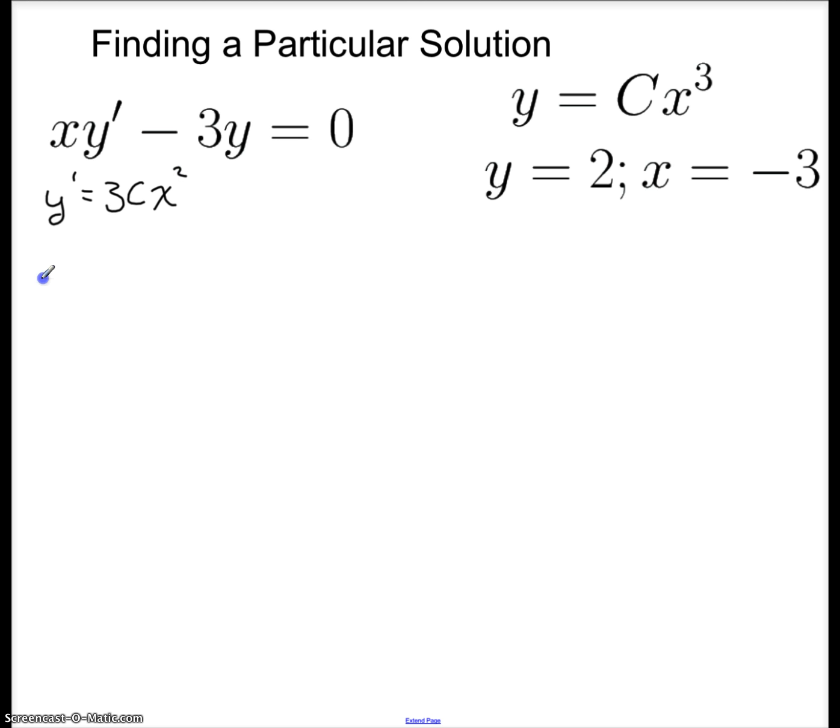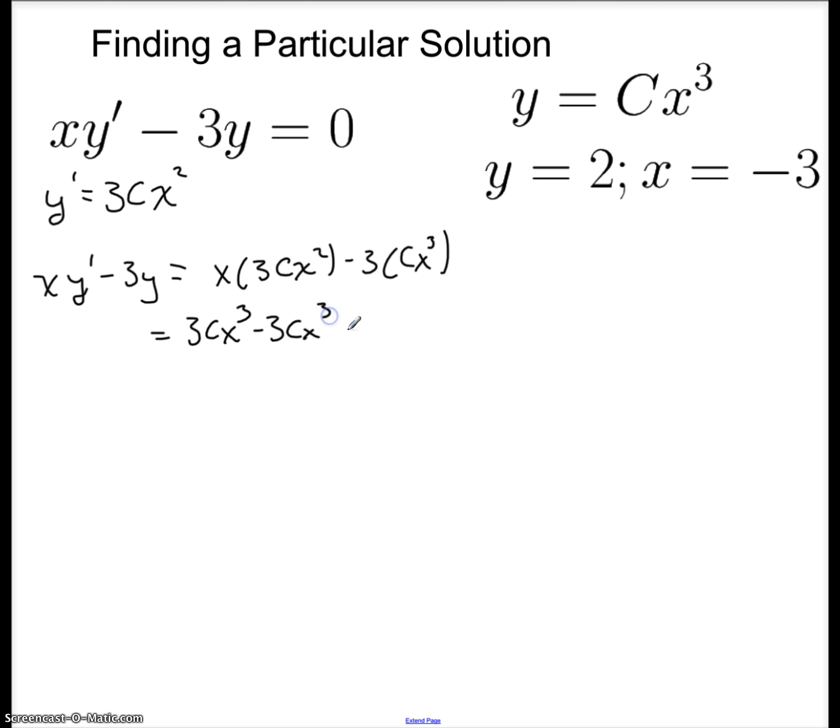So now let me plug in to x y prime minus 3y, and see what I get. I've got x times y prime, 3c x squared, minus 3 times y, which is c x cubed. So this is 3c x cubed minus 3c x cubed, which is 0. So yes, this does solve my differential equation. You always have to check that, because if it doesn't solve it, then finding a particular solution is rubbish.